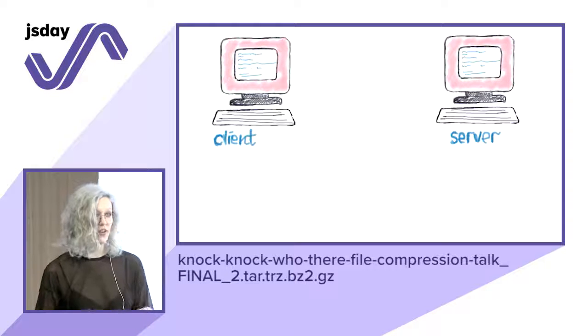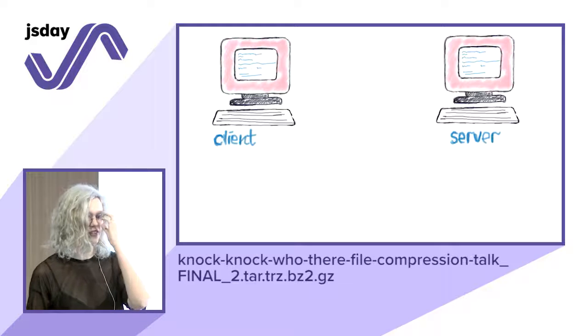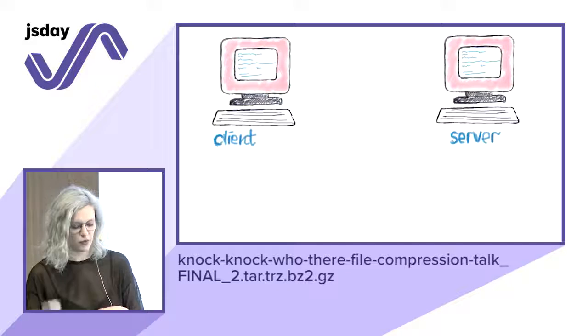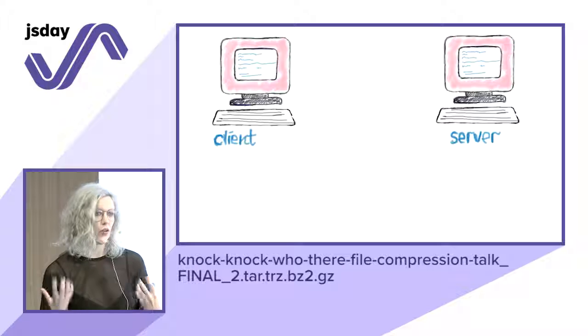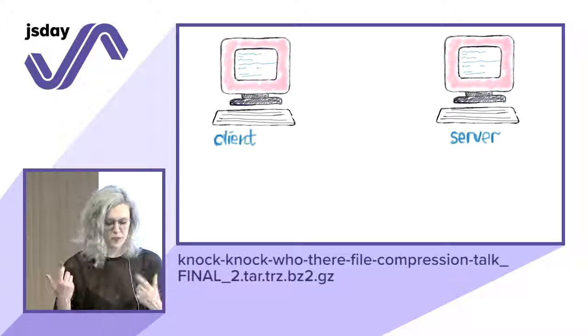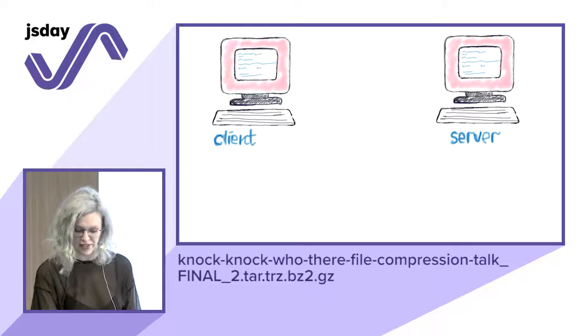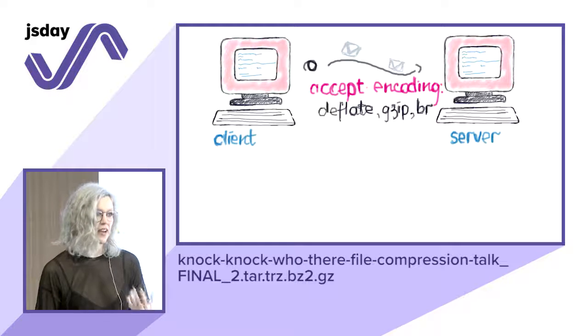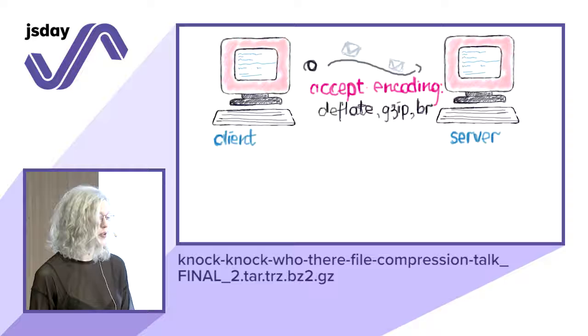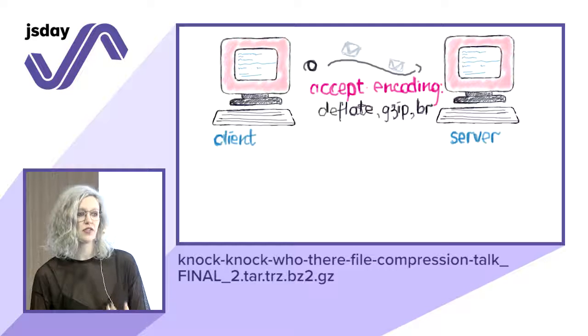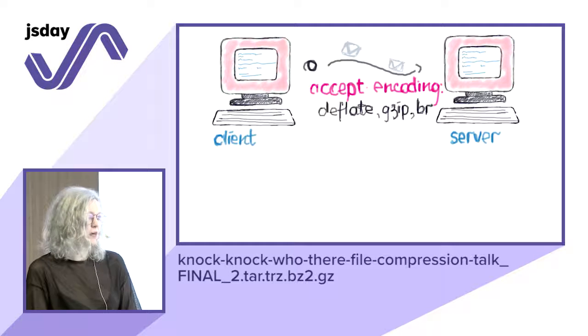I said we'll be talking about HTTP compression. The interesting way to think about it is that you are going to be sending files over from the server to the client based on the client's parameters. So you end up having a client that sends in a header, and this Accept-Encoding header is what lets the server know in what compressed version of a file it will accept stuff.